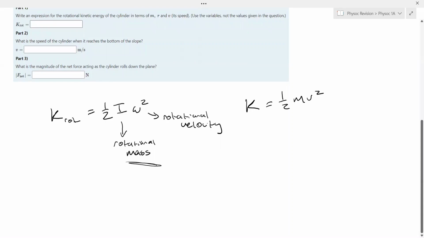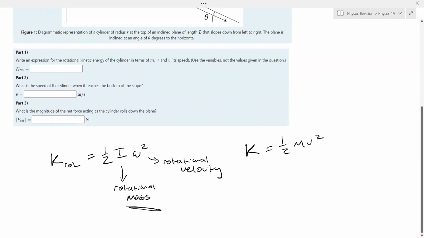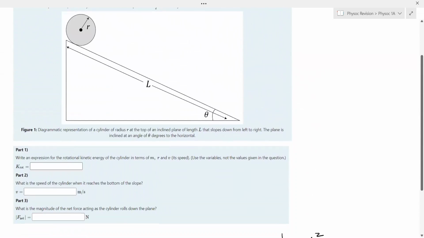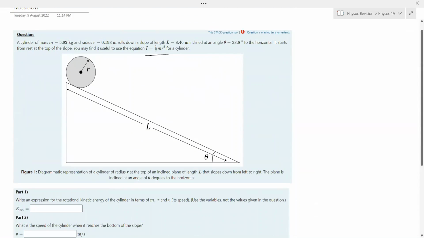So if you have all the mass distributed at the center of the axis of rotation, you're probably going to be fine, pretty easy to rotate around. If it's distributed quite far away from the center of rotation, then you're going to have some mad rotational energy.